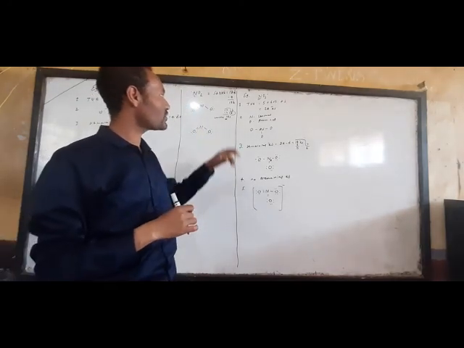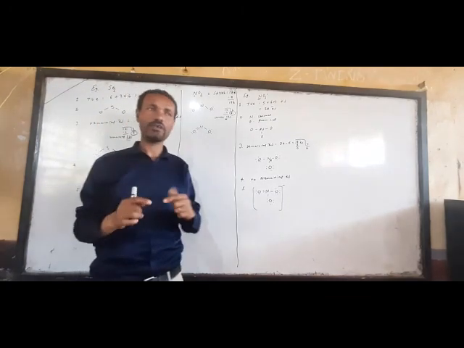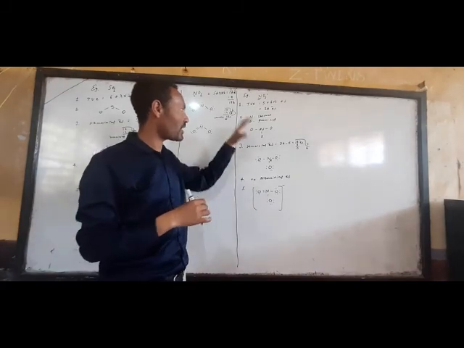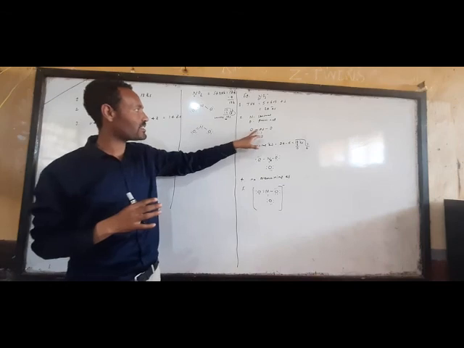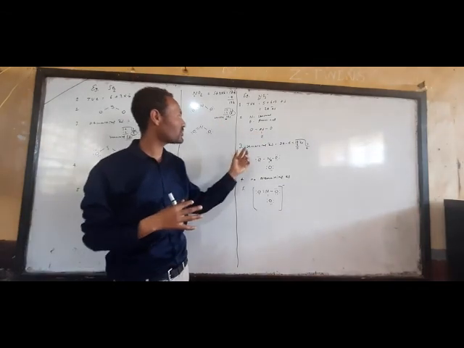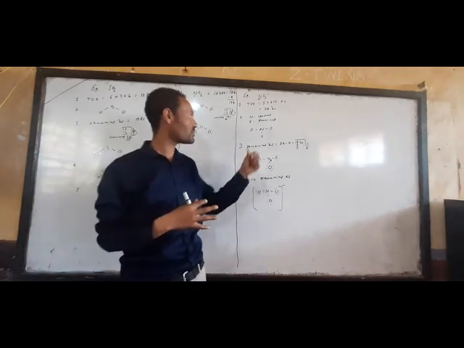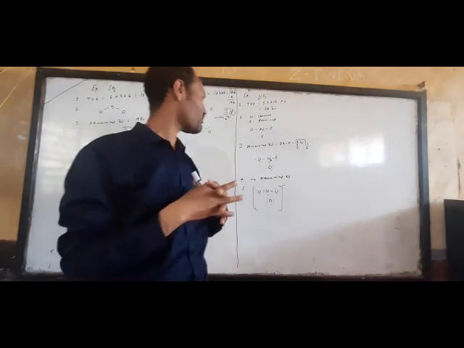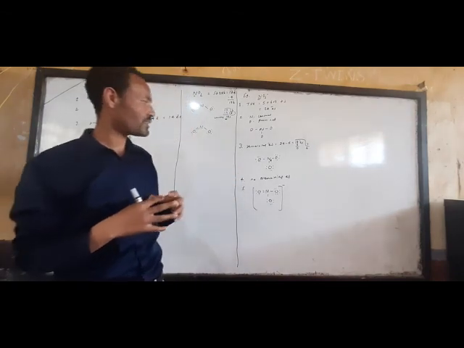Next, we should draw the skeletal structure by placing the central atom in the center and the terminal atoms around the central atom, using single covalent bonds. Then after that we should determine the remaining electrons by subtracting the electrons used for the skeletal structure from the total valence electrons.